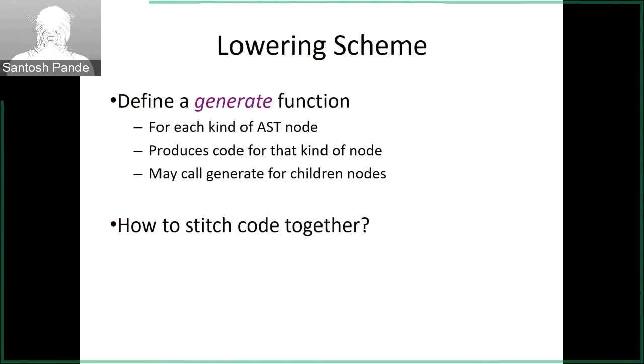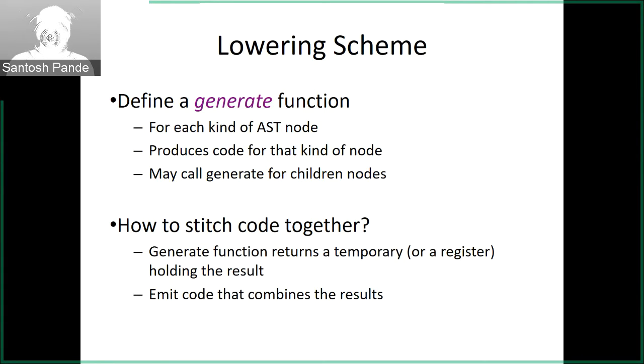And the stitching function will take these generated code and their values which are returned from them, and will put together the higher level function for each one of these nodes. So that's the idea. So when we deal with these things, we'll start with how to generate code for an expression.